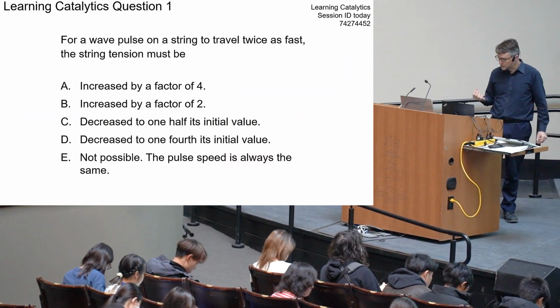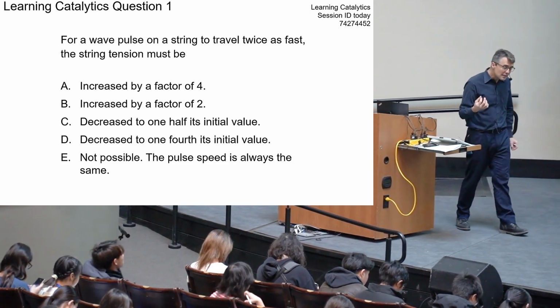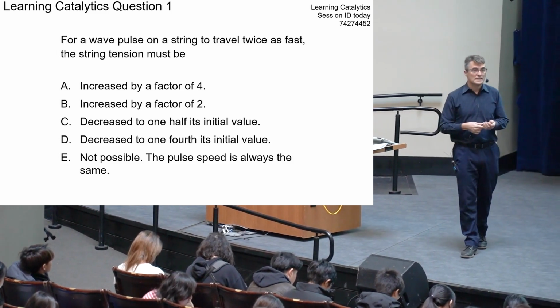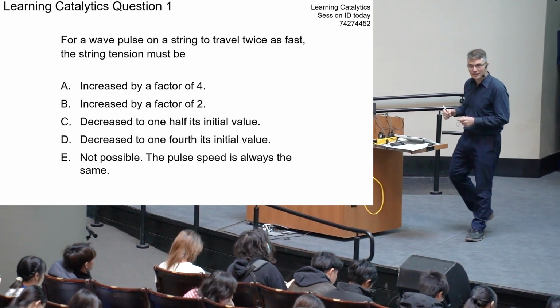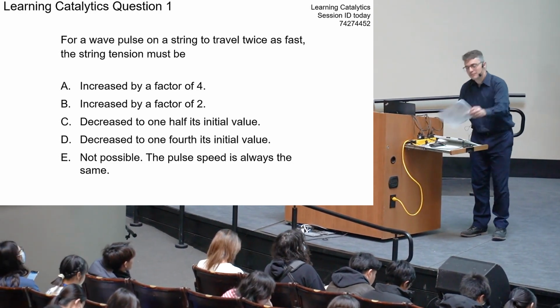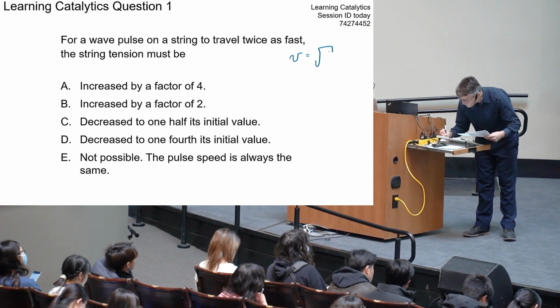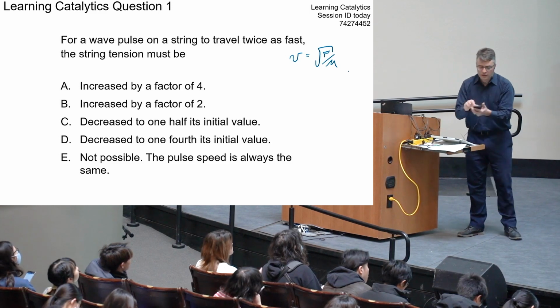For a wave pulse on a string to travel twice as fast, how should you adjust the tension, F? And shall I write the equation up again from before? It is v is equal to the square root of F divided by mu. Check your neighbor.